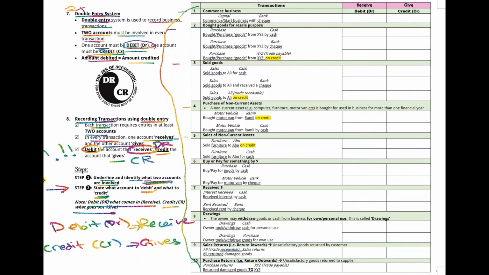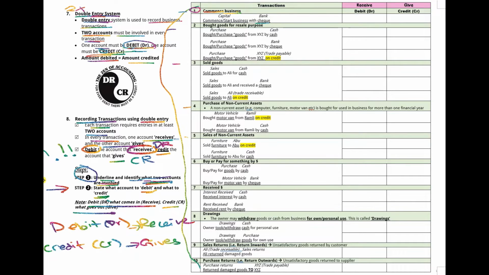So these are the examples of transactions. I have already classified them according to categories, so it will be easier for you to see. As you can see, the word commence means start. When you start a business with cash, this can be cash or this can be check. So first step, underline and identify what are the two accounts involved.